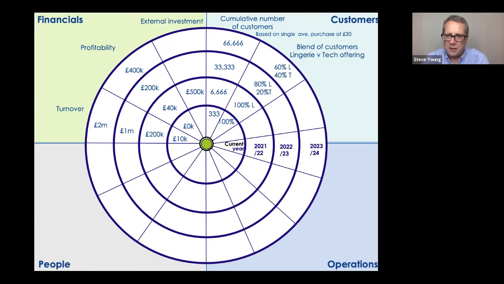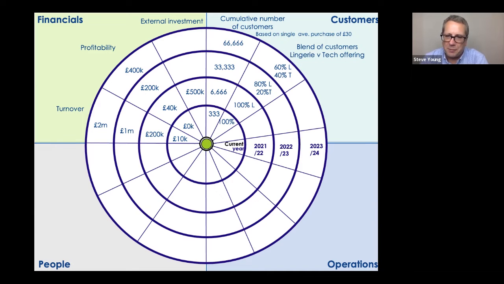Then I talked to her a little bit about the blend of customers, because as we try and get that profitability at 400K, it might be that we need a new range of products. This was a lingerie and a technology product, basically some keep fit clothing. In essence, it was 100% lingerie.